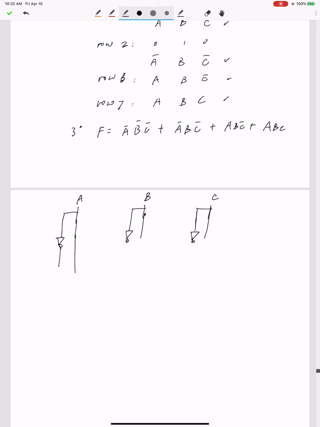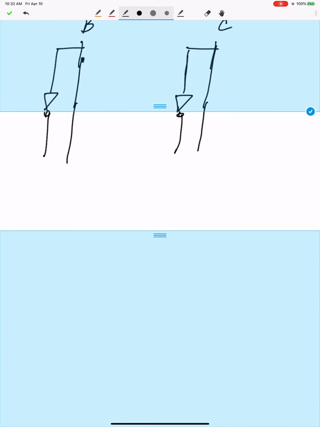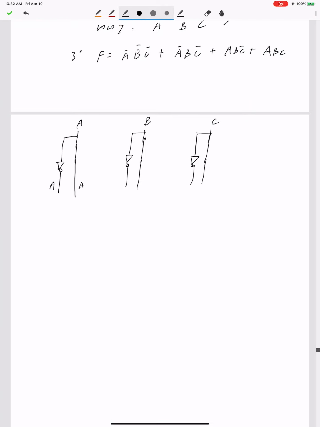So here we have 3 inputs and their inverses. This is A, this is A bar, this is B, this is B bar, C bar, and C, right?